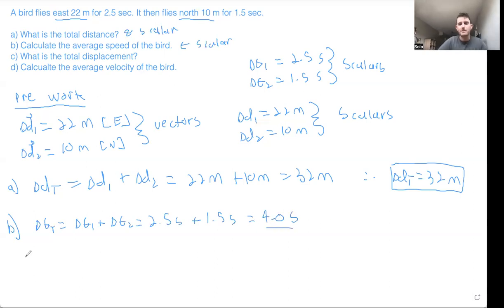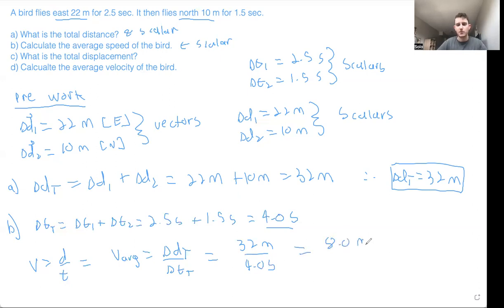So we know from basic kinematics that speed is equal to distance over time. And here the average speed is going to be equal to the total distance divided by the total time. And that will be 32 meters divided by 4 seconds. And that will give us 8 meters per second.